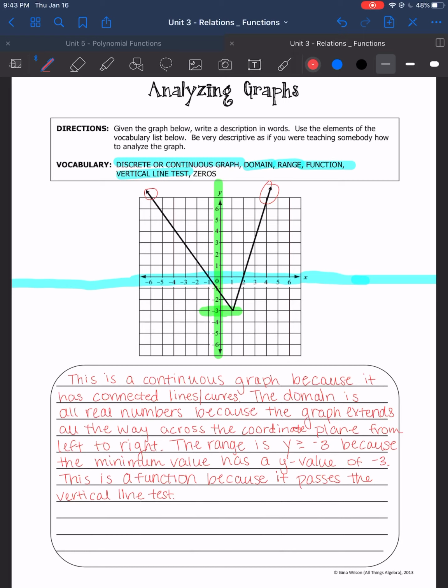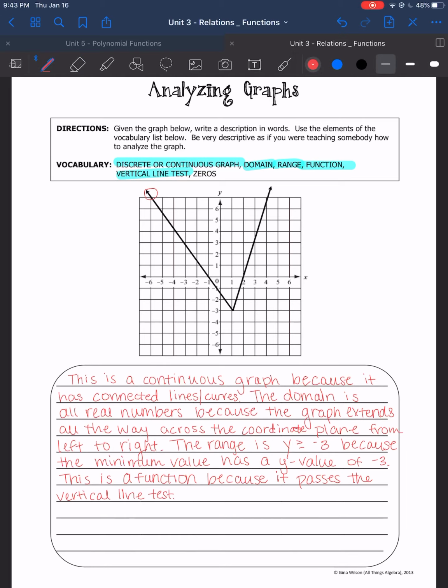All right, now I have one more thing to do. I am going to erase this for now, just so we can talk and I don't have too much going on in my graph. So I want to find my zeros, which we just talked about in the last video.